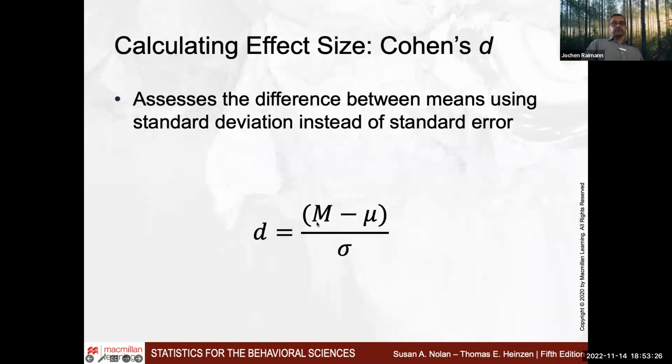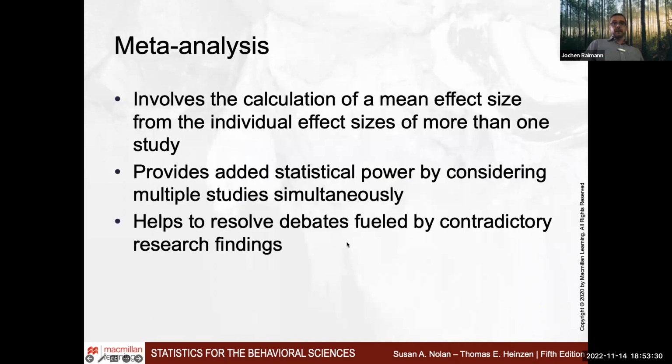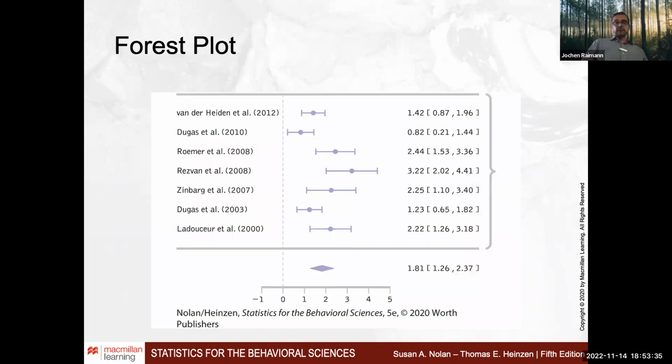So the calculation of the differences by the standard deviation gets you to the effect sizes. Meta-analysis is basically an amalgamation of all these effect sizes, where you compare effect sizes across several studies. You find one overarching effect size that represents the effect size of one particular intervention that has been the common denominator of all these studies.